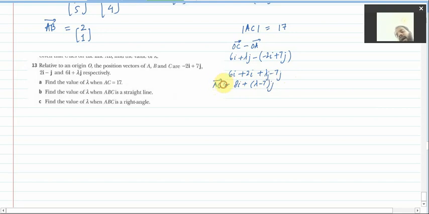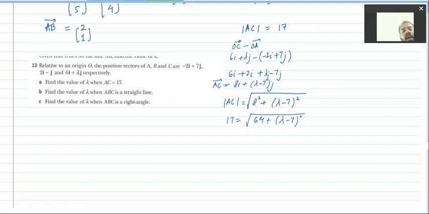To find the magnitude, we know the working formula for magnitude is the square root of 8 squared plus (lambda minus 7) squared, right? The magnitude of AC, it's 17, is equal to the root of 8 squared, 64, plus (lambda minus 7) whole squared. Applying squaring on both sides to eliminate the root sign here.